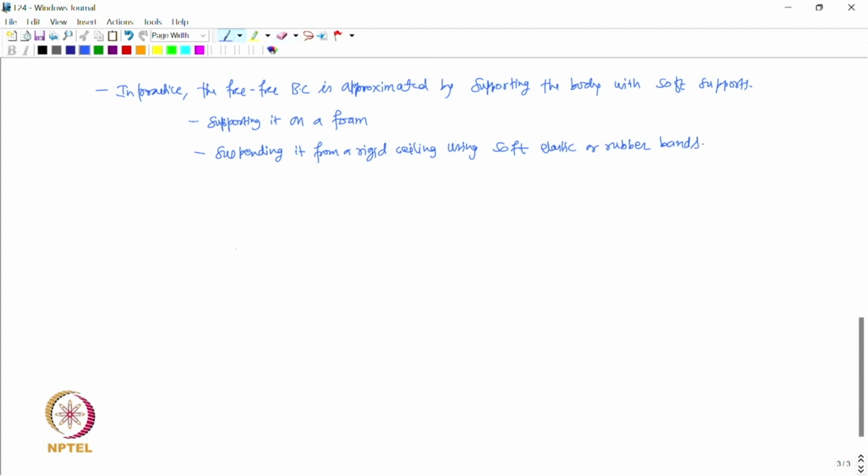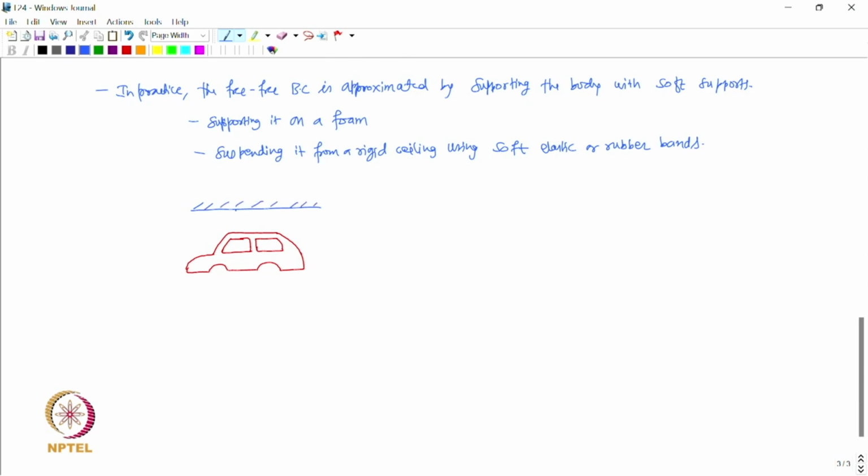As an example, let us say we have this car body like this, and let us support it using soft elastic bands like this.